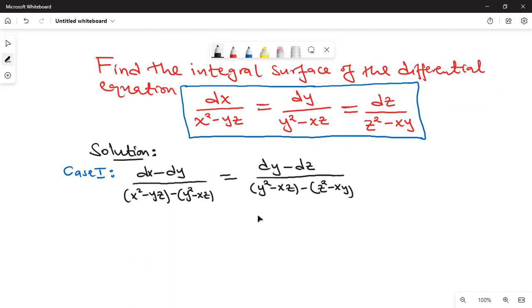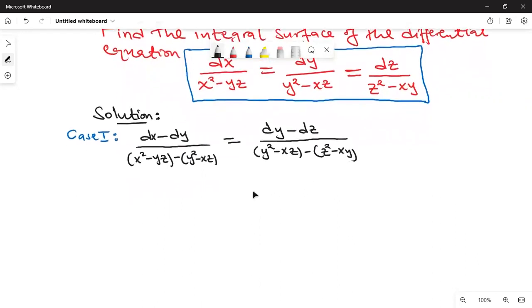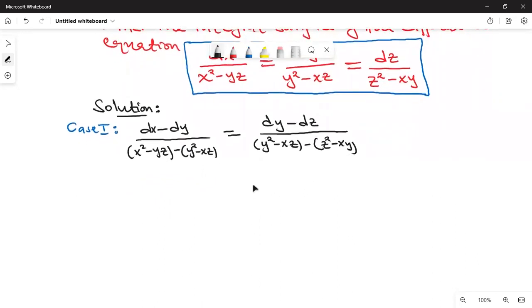So let us simplify those denominators. Let's start with the left-hand side.